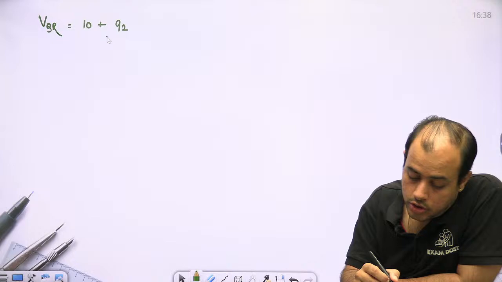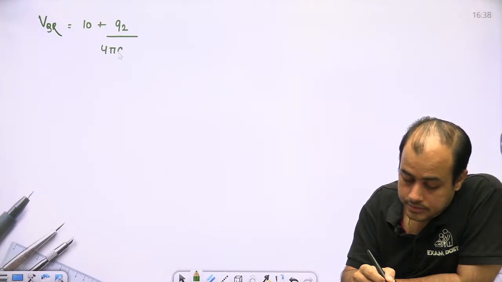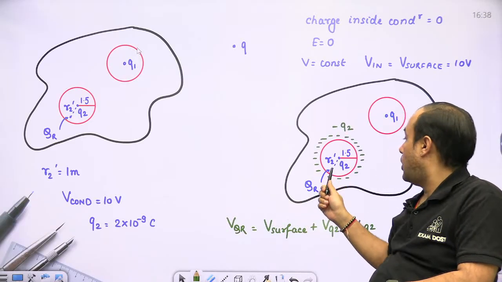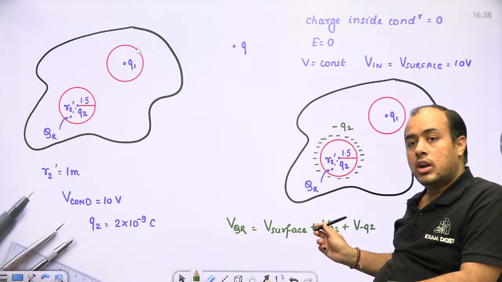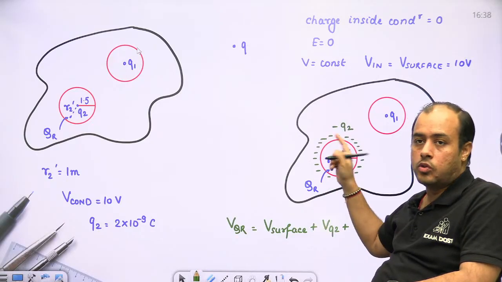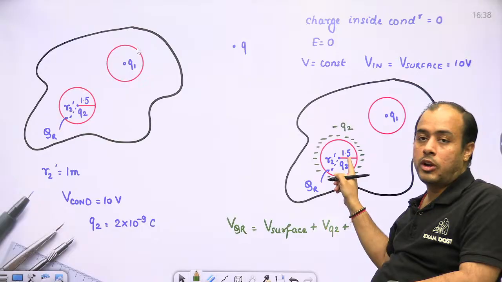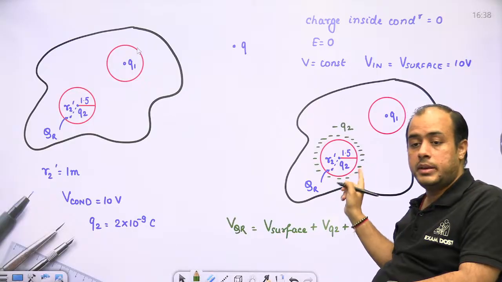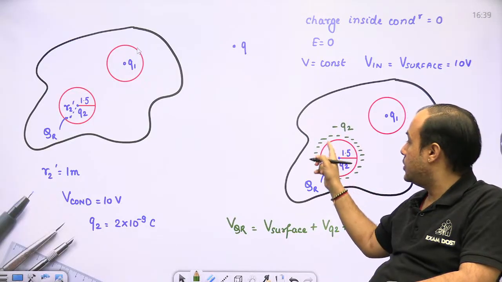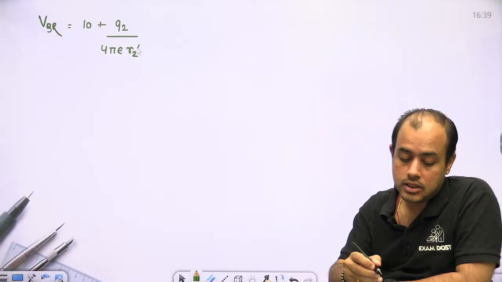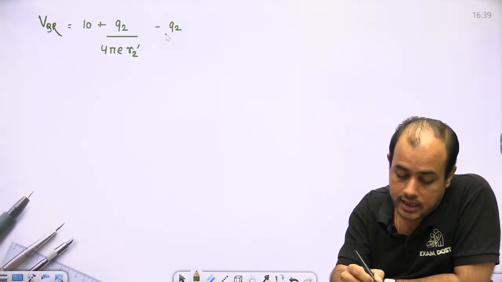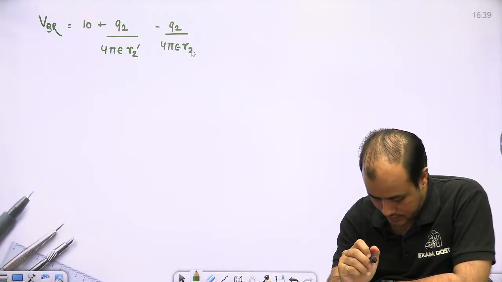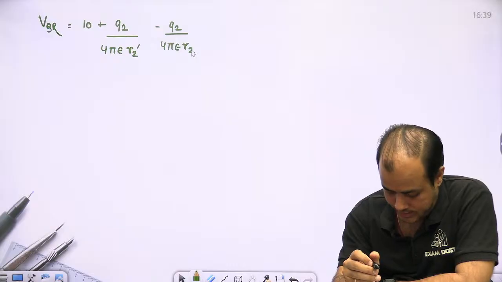Now Q2 is a point charge, so you will take the potential at R2 dash. What about minus Q2? Minus Q2 is spread over a cavity of radius 1.5. So when you take the potential inside, the potential will be the same as the surface, so you take R2, the radius of the cavity. Okay.